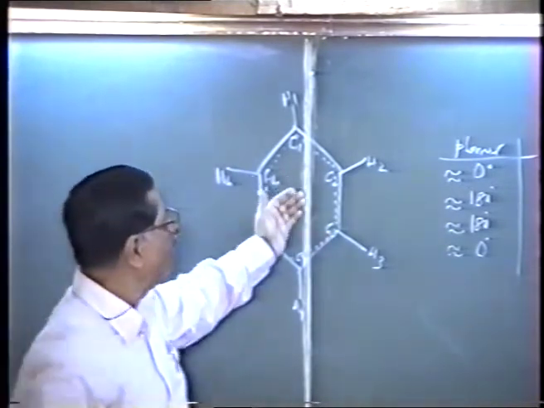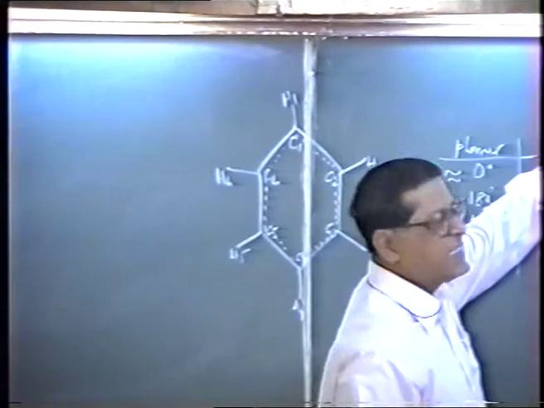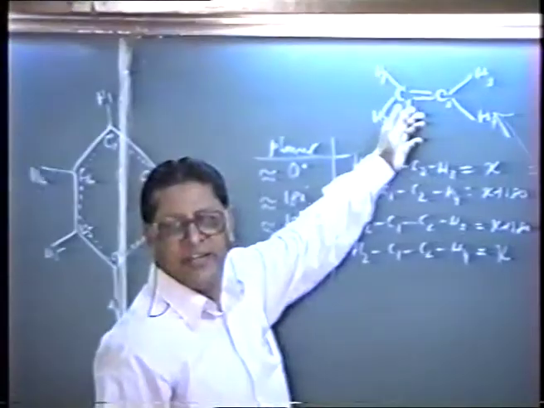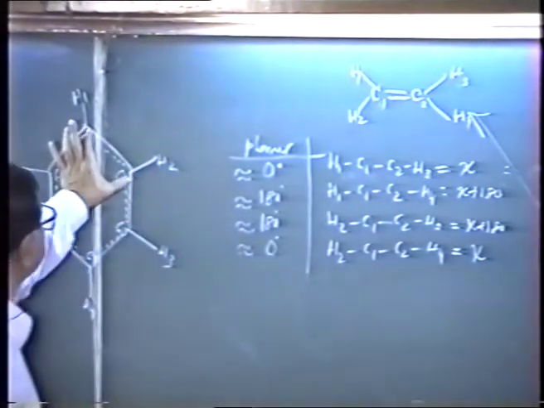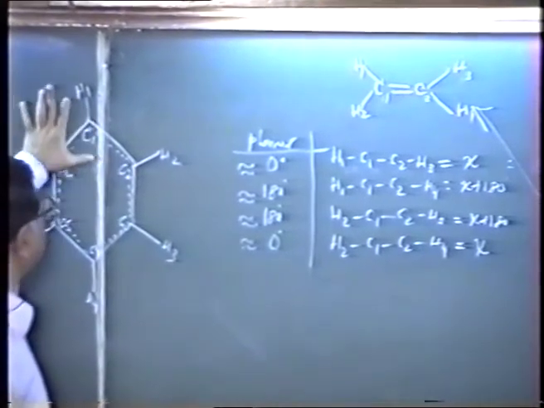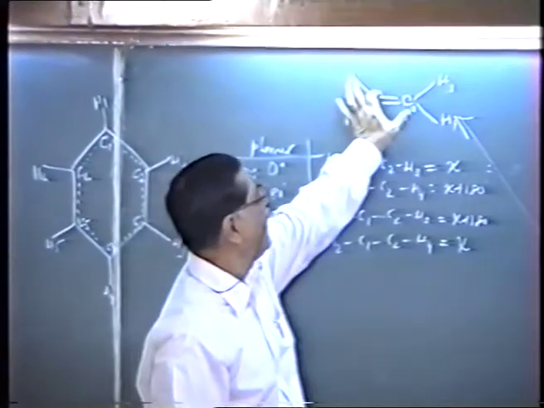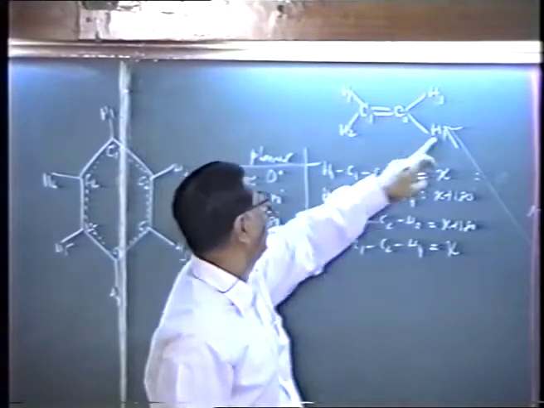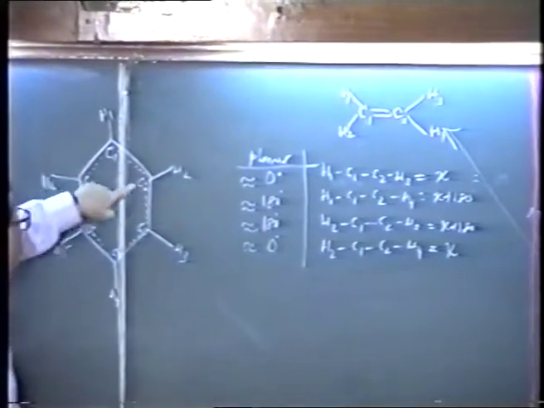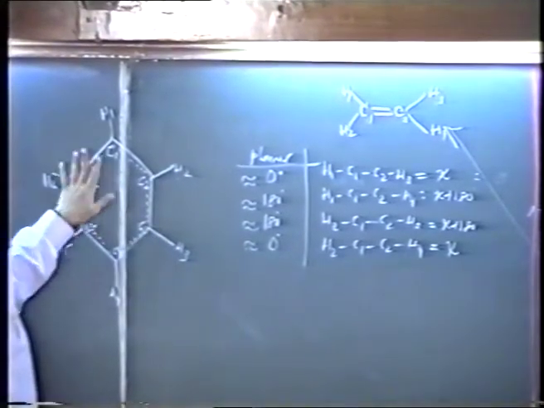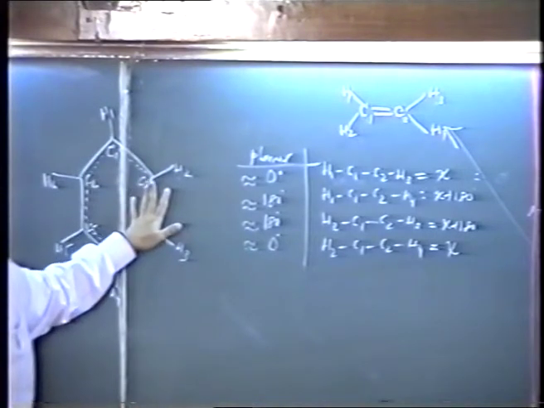Now, if you look at this, you can easily see that if I take this portion, let us say C1, C2, then you have H, H, H, H. Here you have H and C, H and C. Rest of them are the same.